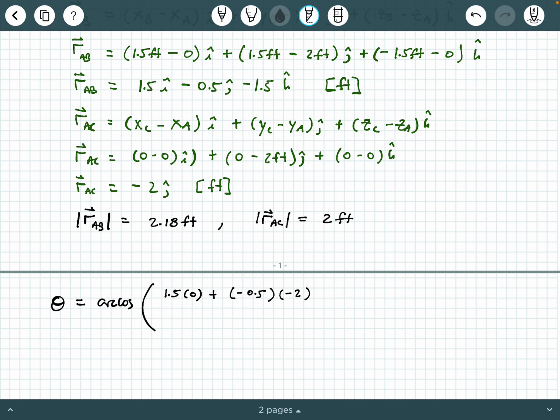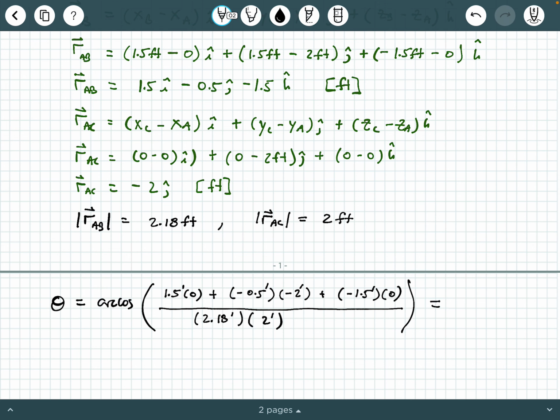Again, R_AC only has a j component. And remember, these still have units technically, right? They all have units of feet. So I can put feet everywhere there. Then all that's going to be divided by 2.18 feet times 2 feet.